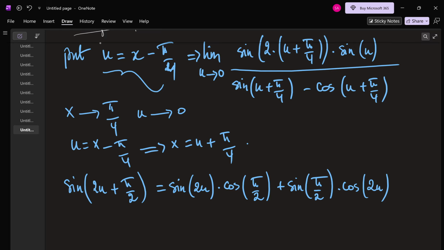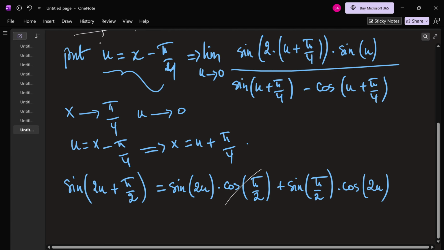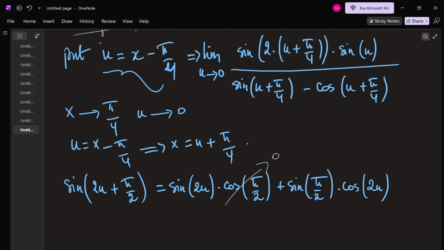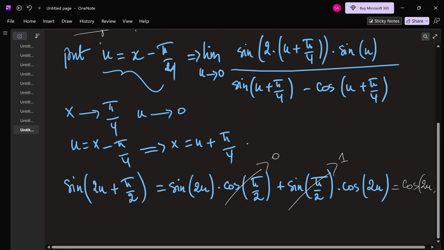And we know that cosine pi over 2 is simply equal to 0, and sine pi over 2 is simply equal to 1. So all of this will equal cosine 2u. Okay.